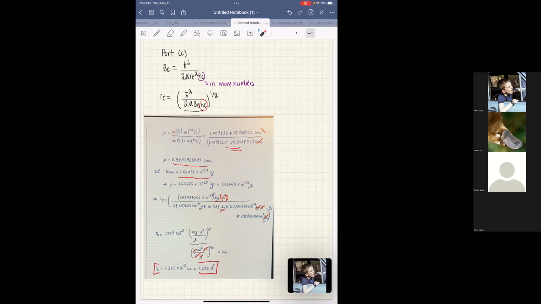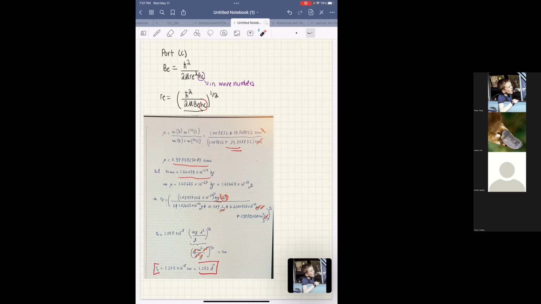To calculate reduced mass, pretty much just calculate it in AMU and then convert it. Why did he convert it into kilograms? Oh yeah, he put it back into grams, and you should just leave it in grams. You convert your reduced mass into grams because that's CGS units, and then you put this in ergs per second.